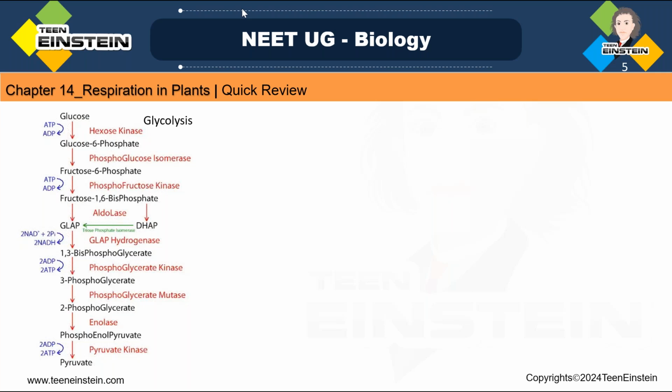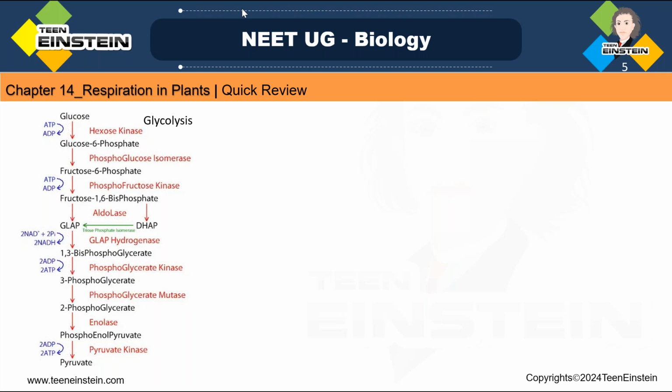And fats will be broken down into glycerol and fatty acids. These are further converted into acetyl coenzyme A, and then it enters the respiratory pathway. There is a connection between all these things.